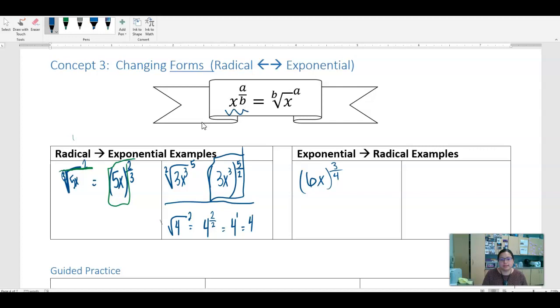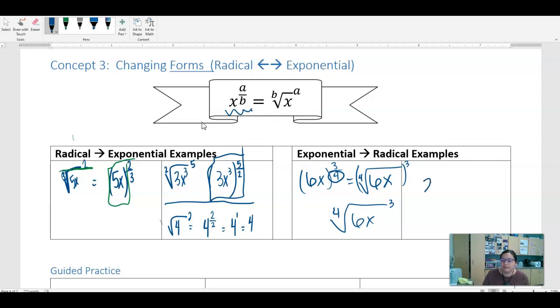I can change it to a root by taking what's in the parentheses and putting that under the root. What is in the bottom goes in the bucket of my root, and the 3 goes as my exponent. You can see it written in parentheses like I have it here, or as long as you're clear in your writing, you can just put the 3 as an exponent like this. Those are both accurate.